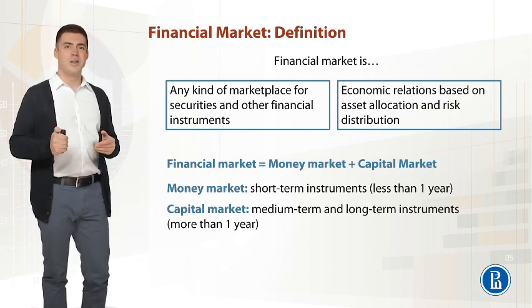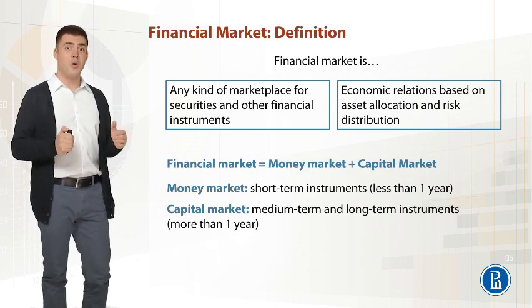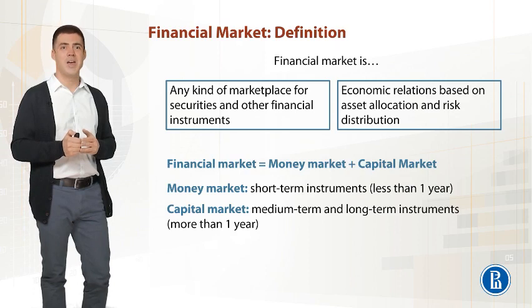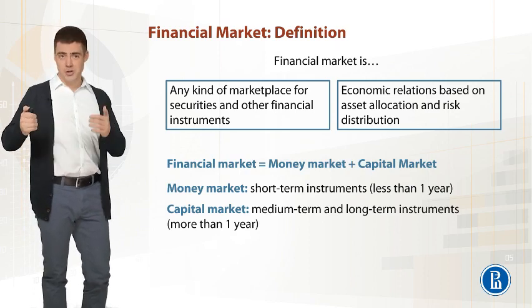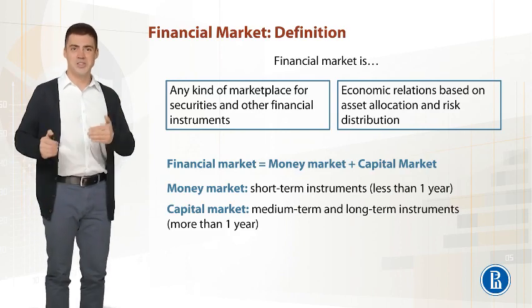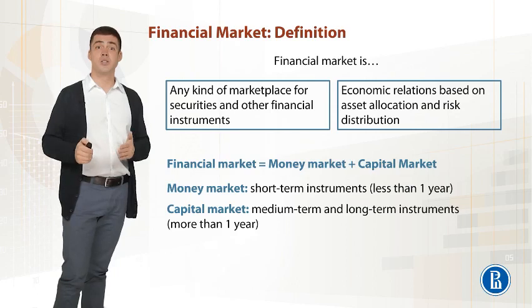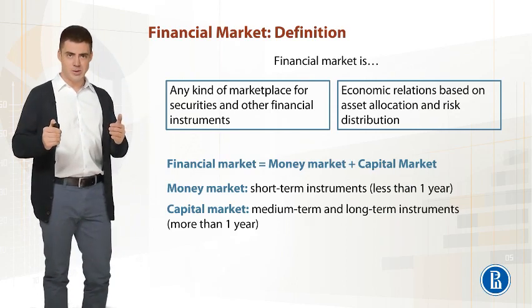Financial market contains money market and capital market, as you already know from the financial markets and instruments course. The difference lies in the term to maturity of the instruments traded. Money market is the market for short-term instruments, while the capital market is the market for longer-term instruments.